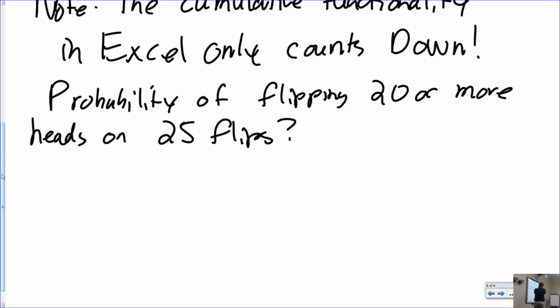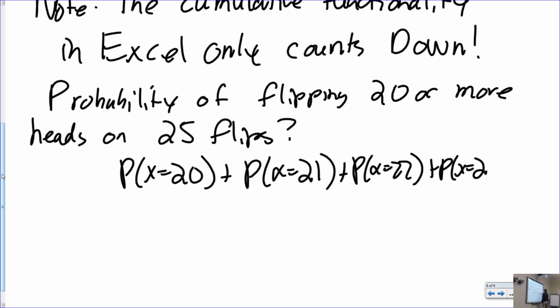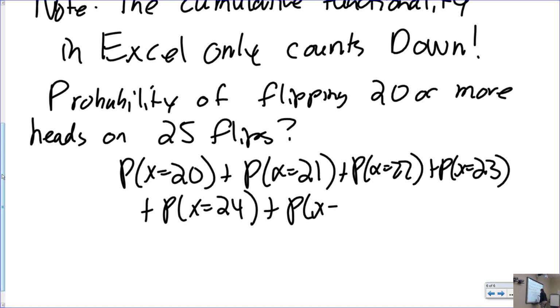So technically what you would need to do is figure out the probability that x equals 20 plus the probability that x equals 21 plus the probability that x equals 22 plus the probability that x equals 23 plus the probability that x equals 24 plus the probability that x equals 25. Okay? In theory, that's what you have to do.